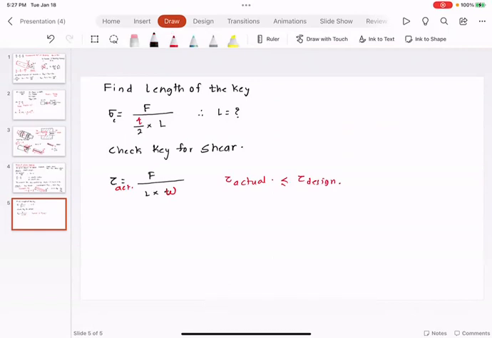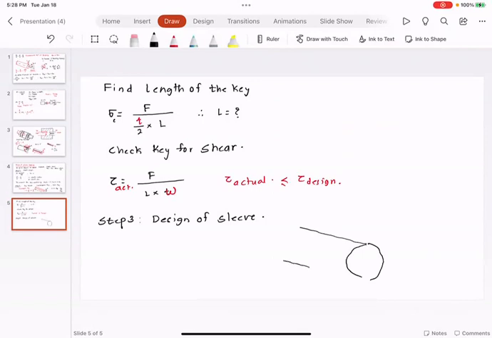And the last step, step 3, design of sleeve. For design of sleeve, one thing I want to tell you is there are two ways to design.